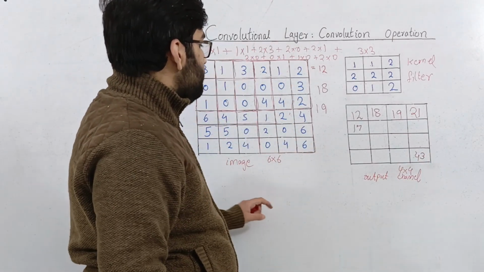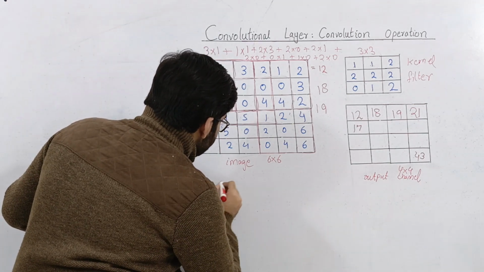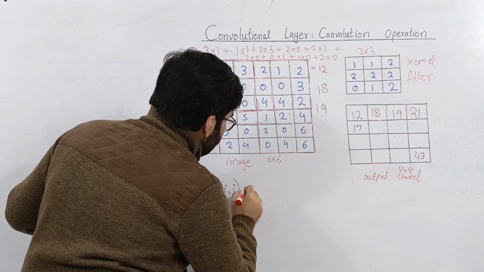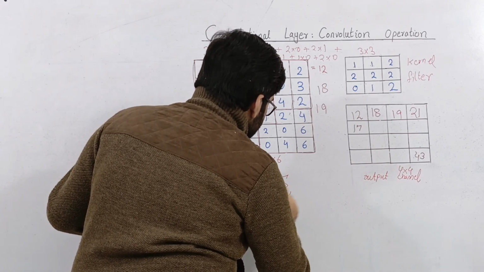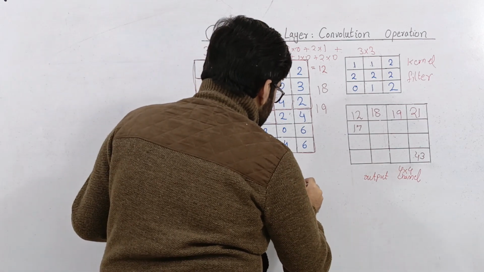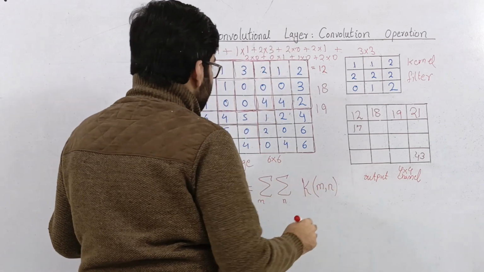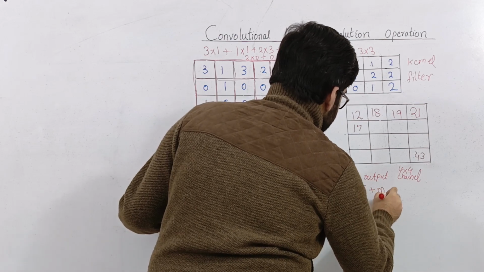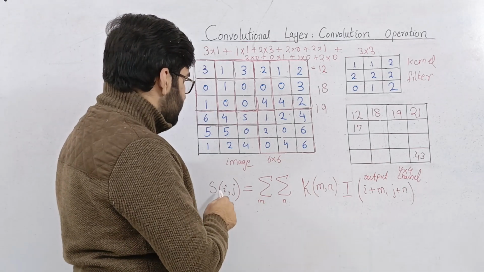So if you perform the following calculation, that is the ij pixel of the output channel equals the summation from m to n, the kernel mn multiplied by the input image I. Consider this equation again.